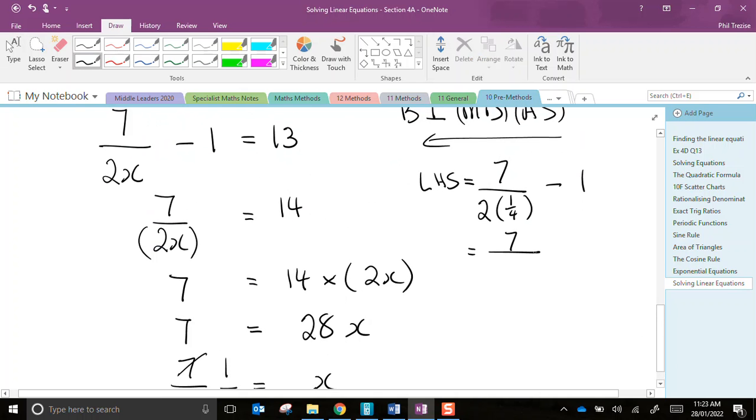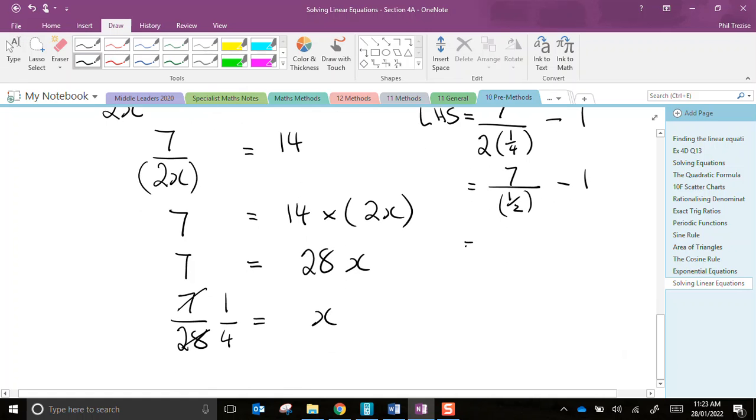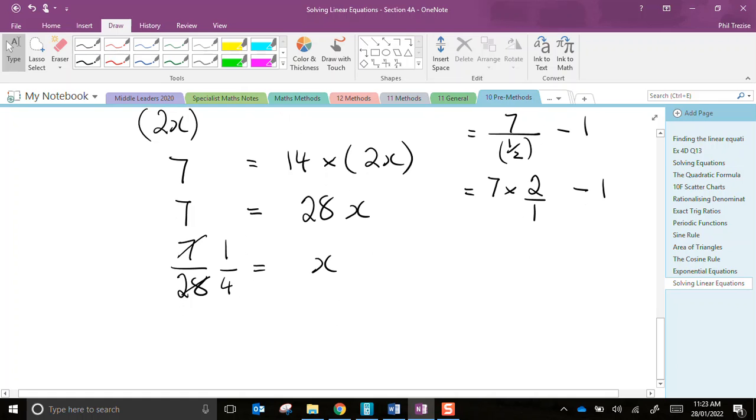So I have 7 over 2 times 1/4 is 1/2, minus 1. Now I'm dividing by the fraction half. The opposite of divide by a fraction is to multiply by its reciprocal, and I'd still have minus 1 patiently waiting there.